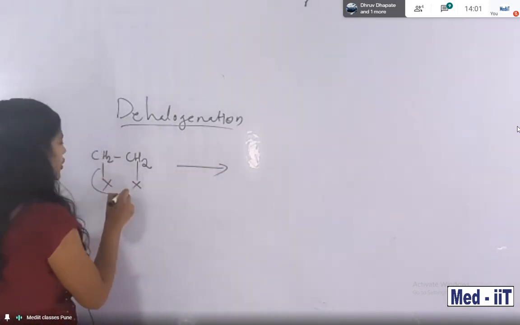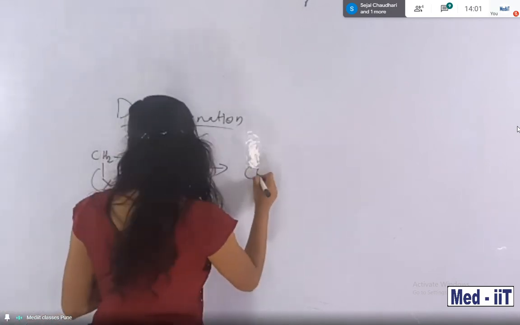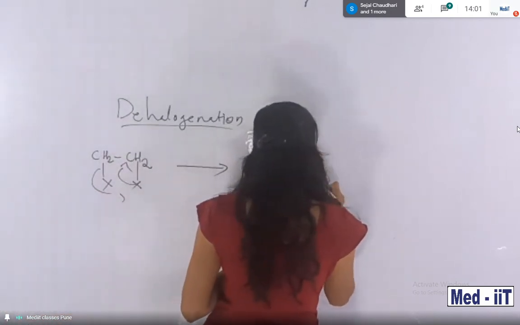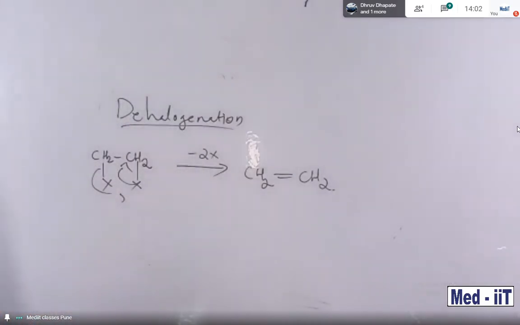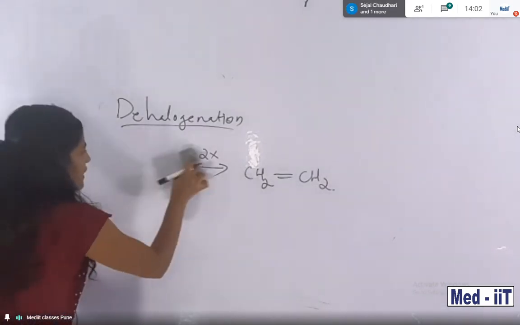Two halogens are going to be removed, one bond shifts, so definitely it forms CH2 double bond CH2. Minus 2X, two halogens are removed. Next one. This is the common elimination methodology.